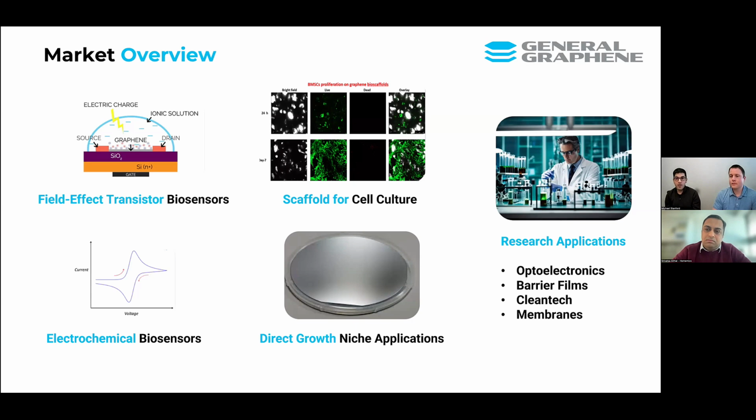A simple way to think of these applications is that they involve graphene, or carbon, that is not transferred from its growth substrate. For our final bucket, we have research-driven applications, of which in graphene there are many, but the ones we primarily work with collaborators in include optoelectronics, barrier films, and areas like clean tech and membranes.